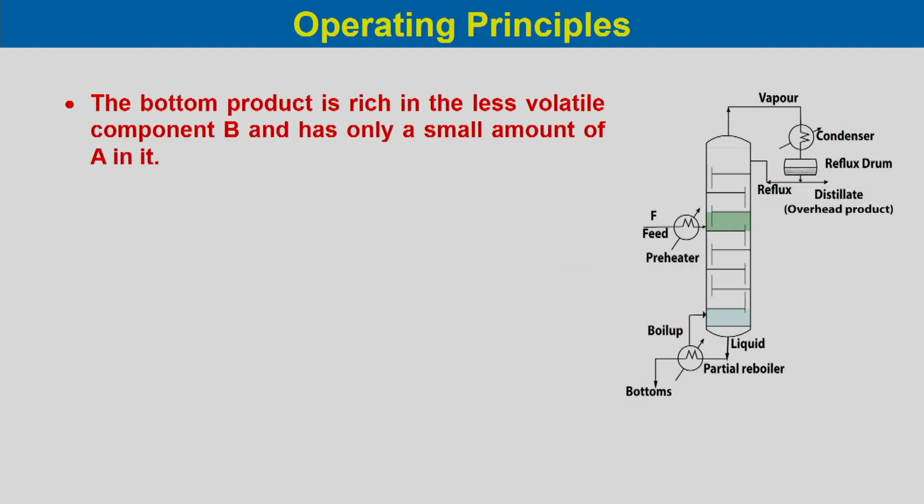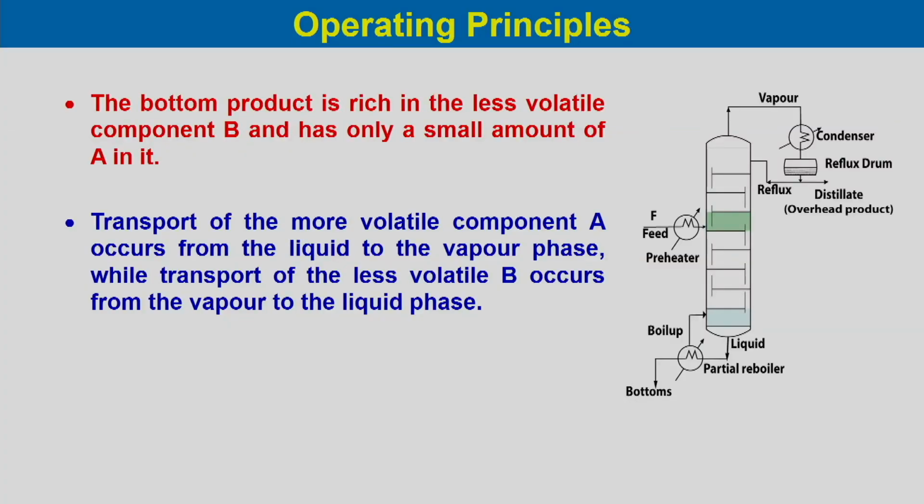The bottom product is rich in the less volatile component B and has only a small amount of A in it. A is the more volatile component, obviously it will go with the distillate, and the bottoms will be rich in the less volatile component. Transport of the more volatile component A occurs from the liquid to the vapor phase, while transport of the less volatile component B occurs from the vapor to the liquid phase.